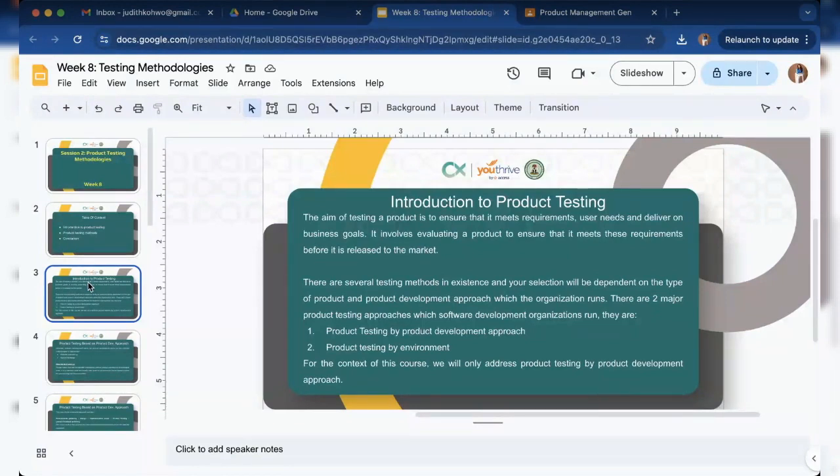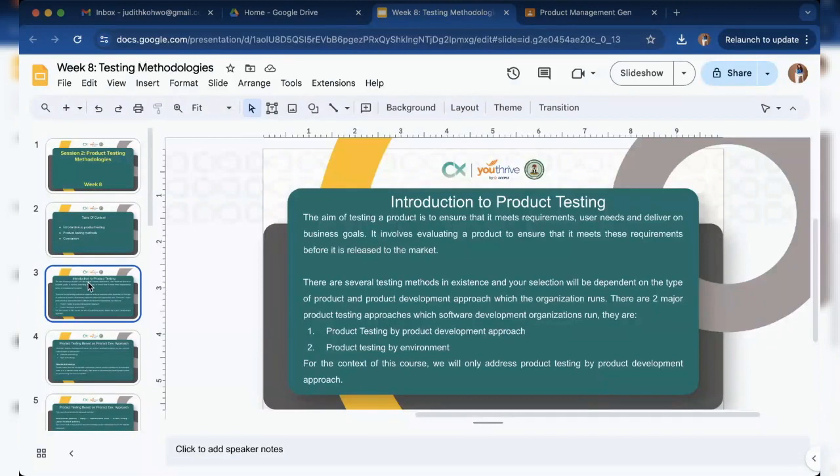Now, there are several testing methods in existence, right? But your selection will be heavily dependent on the type of product that you are managing and what type of product development approach your organization is using. I will explain what this means now. There are two major product development approaches which software development organizations run: product testing by product development approach, or product testing by environment.